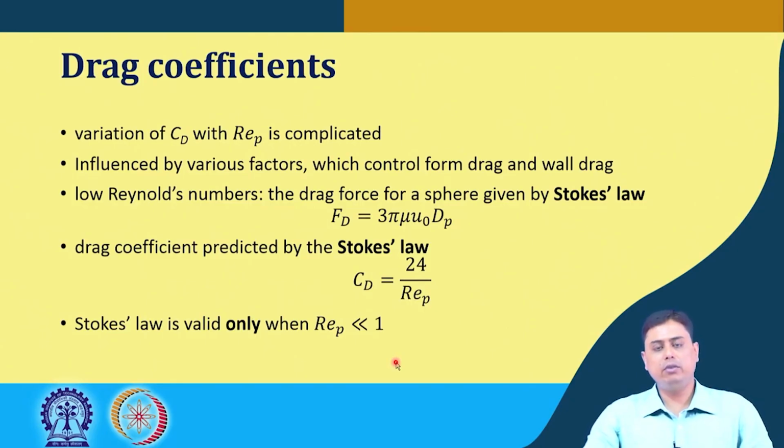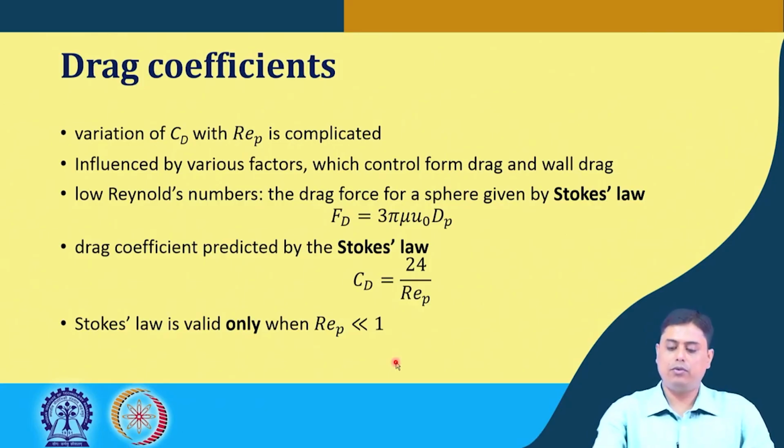Because these are influenced by various factors that control the form drag and the wall drag. At low Reynolds number, the situation becomes much easier to estimate or calculate. There we have Stokes' law to estimate the drag force for a sphere.